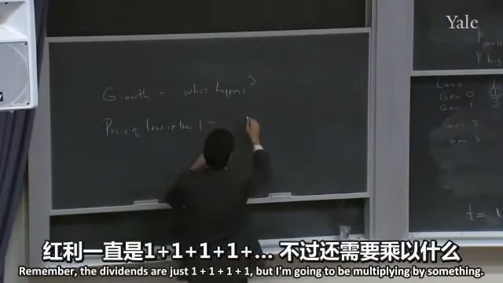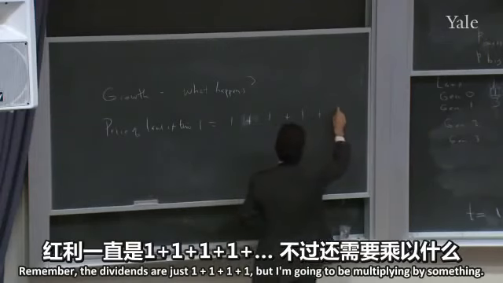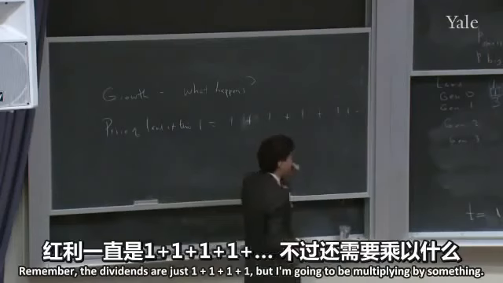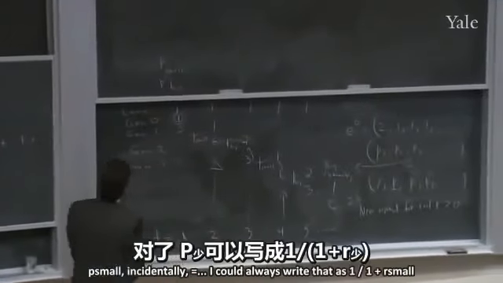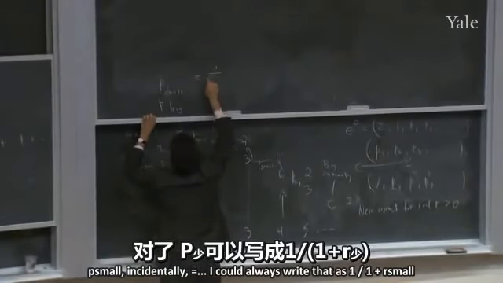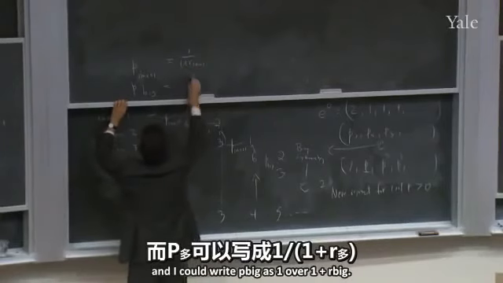Remember, the dividends are just 1 plus 1 plus 1 plus 1, but I'm going to be discounting, multiplying by something. P small, incidentally, equals 1 over 1 plus R small, and I could write P big as 1 over 1 plus R big.